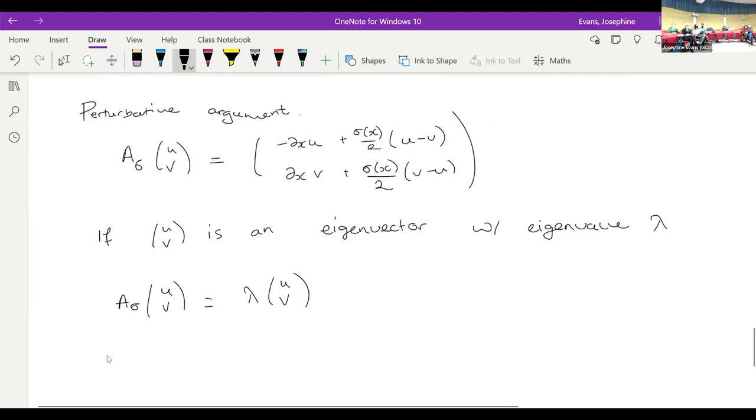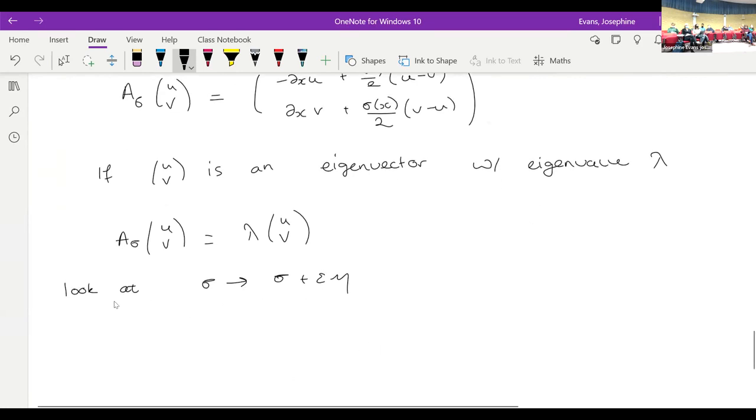So then if we look at sigma going to sigma plus epsilon eta, for some small epsilon, eta another infinitely smooth function, then we can differentiate this.